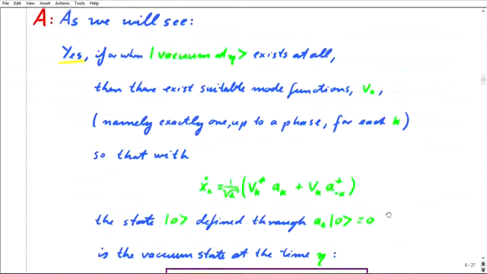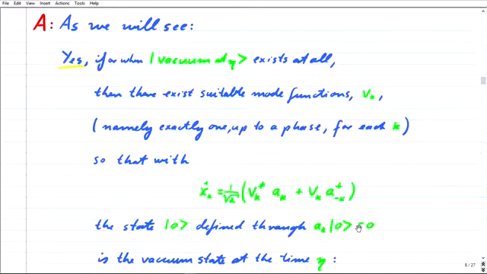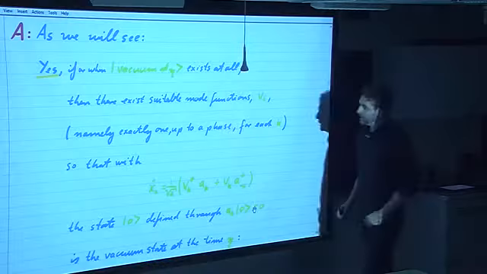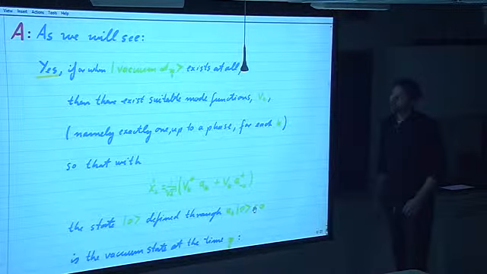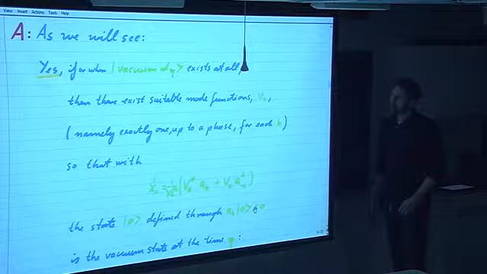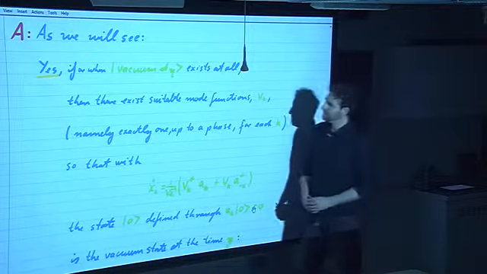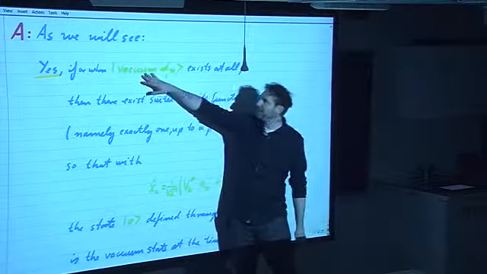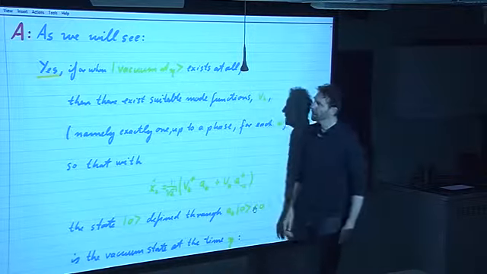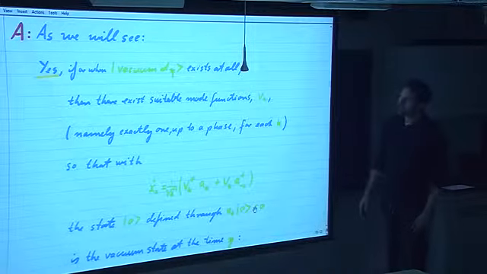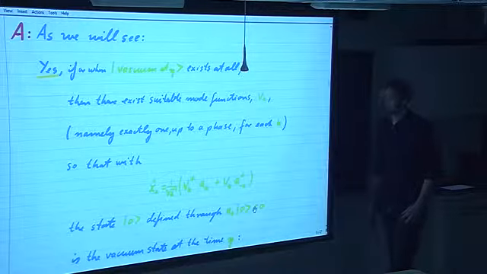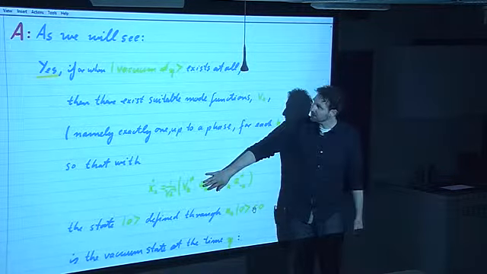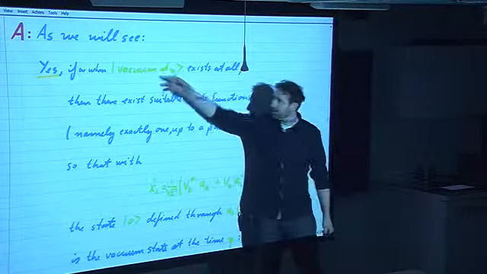So our aim is to identify which set of mode functions V has A operators that annihilate that vector, and that identifies the vacuum state at time eta.